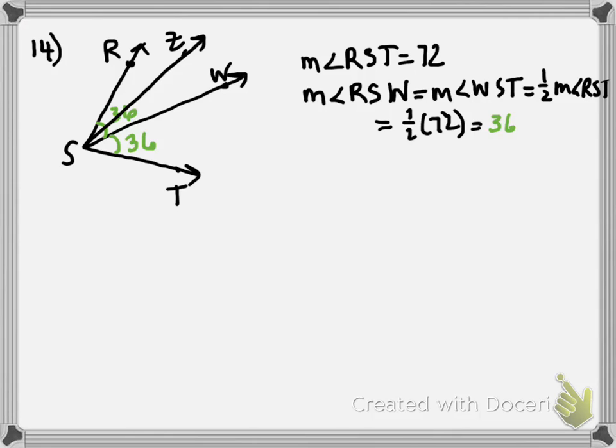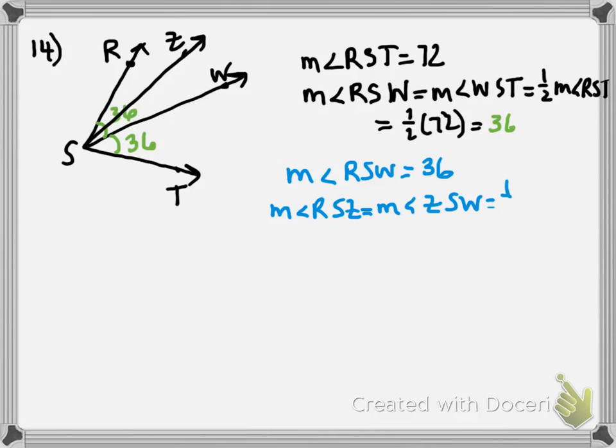The measure of angle RSW is equal to, we calculated, 36, and the measure of angle RSZ would be the same thing as the measure of angle ZSW, which would be equal to 1/2 the measure of angle RSW, which is 1/2 of 36, which gives us 18. So each of these angles is 18.